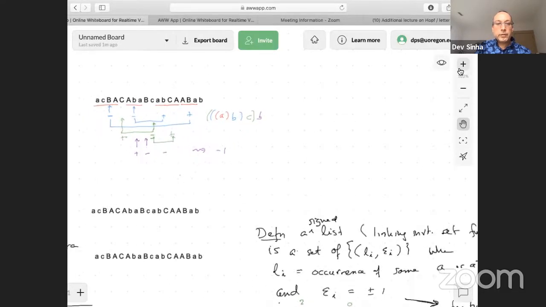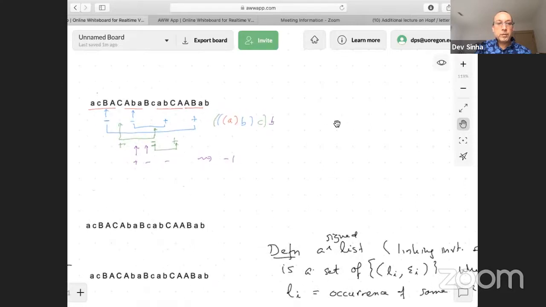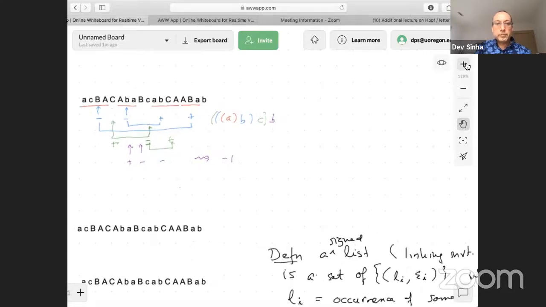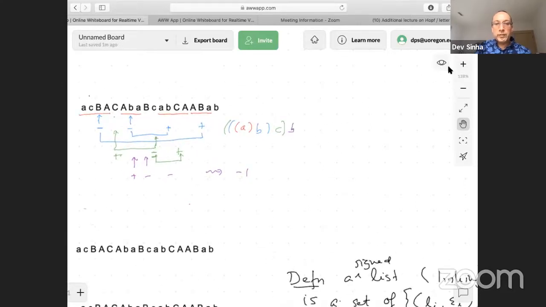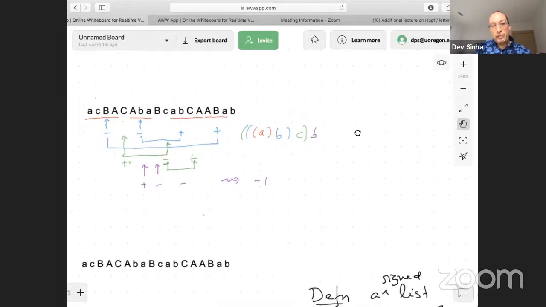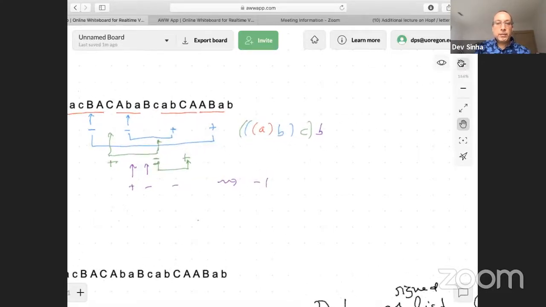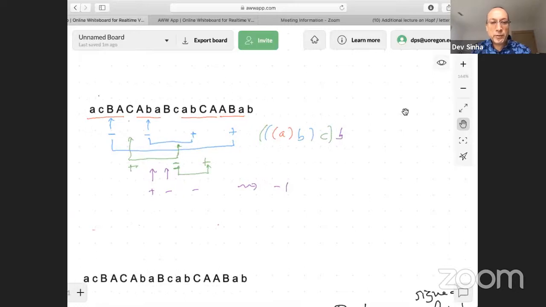So let's consider this example and go through these ideas, because I want to make sure people understand the basic definitions, and then we'll see what people would like in terms of further discussion.